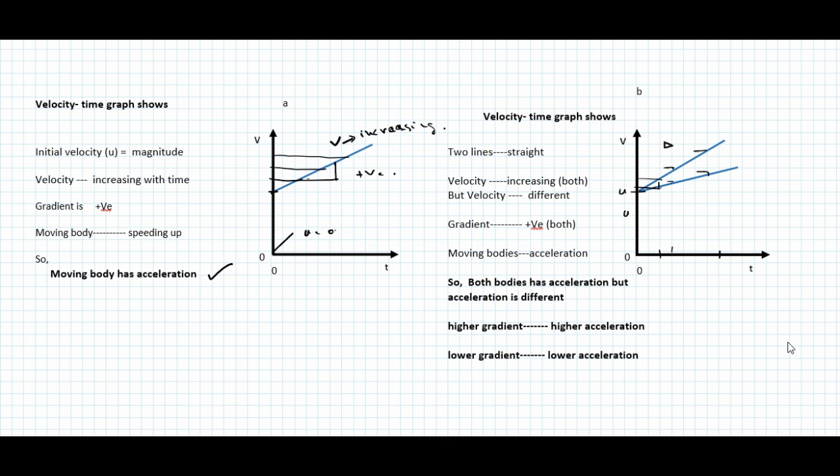The line with lower positive slope has lower change in velocity over the same time intervals. So we conclude that both bodies are speeding up at uniform and different accelerations, higher gradient having higher acceleration, lower gradient having lower acceleration.